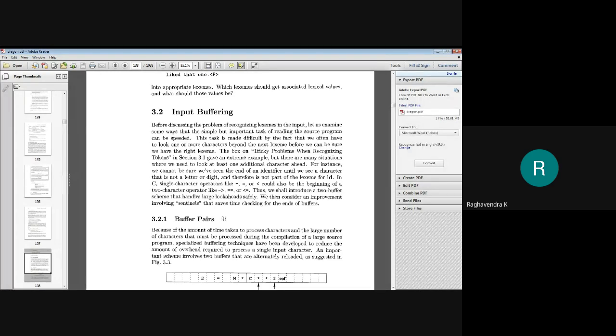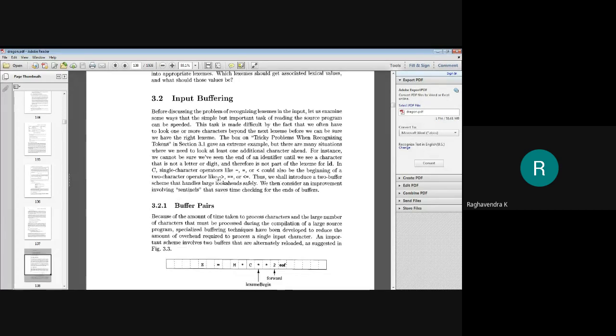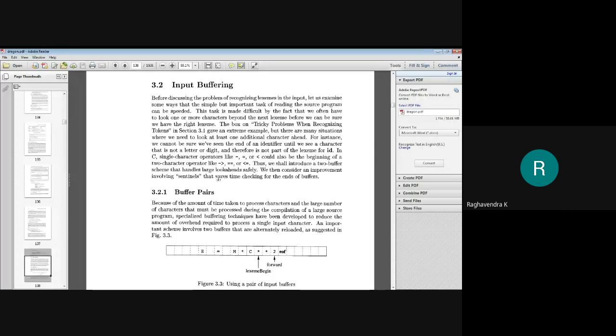So instead of reading the source program one character at a time, now we can actually read, not the entire source program of course, at least n bytes of it into our buffer, and we can continue the lexical analysis.